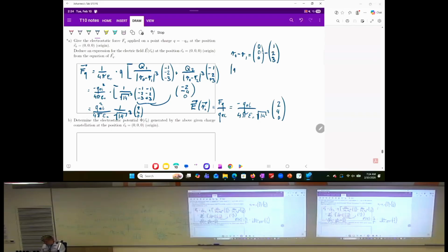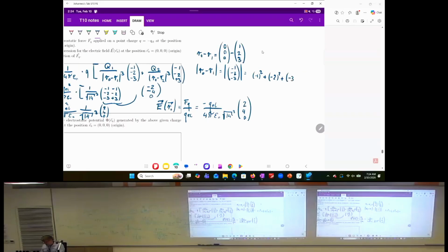But then if you look at this one here, how do you obtain that? Well, that is a norm here of minus 1, minus 2, and minus 3, right? So you take minus 1 squared plus minus 2 squared plus minus 3 squared, add them all up.